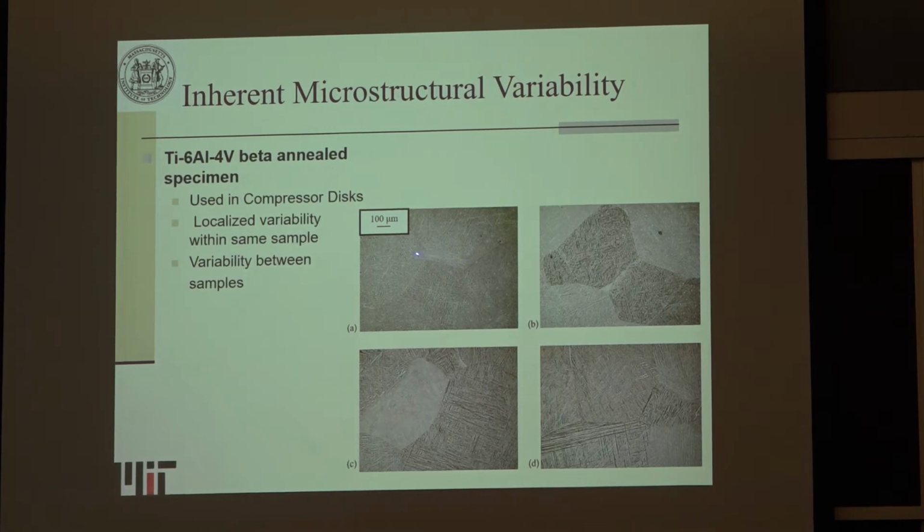The darker colored are the beta grains, and the lighter colored are the alpha grains, and they're distributed in various proportions depending on the chemical composition and the manufacturing processes. And you're always going to have variability from one batch to the next.